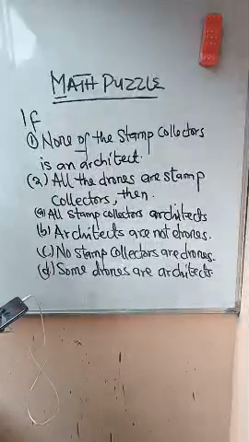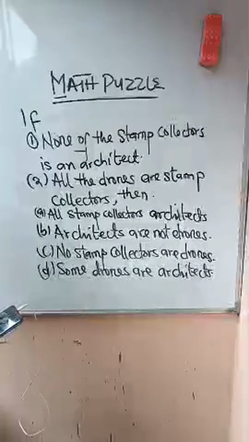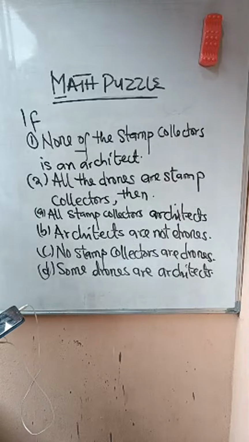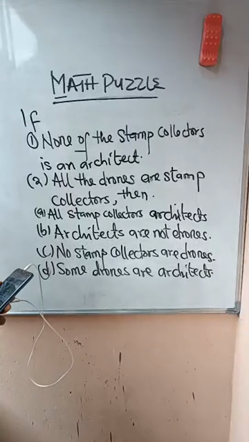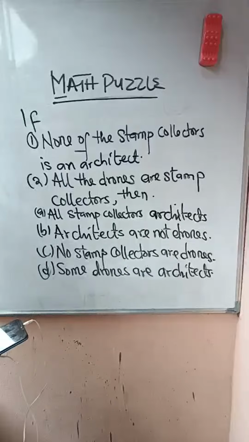Then A, all stamp collectors are architects. B, architects are not drones. C, no stamp collectors are drones. And D, some drones are architects.